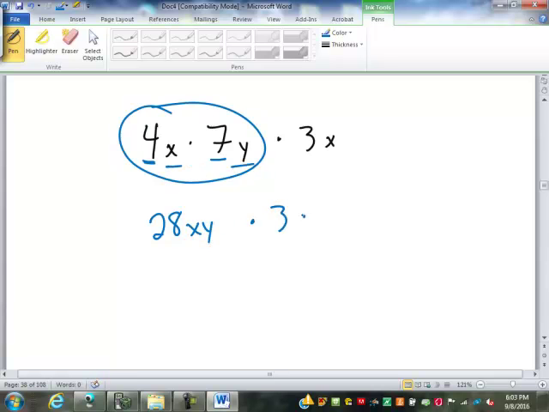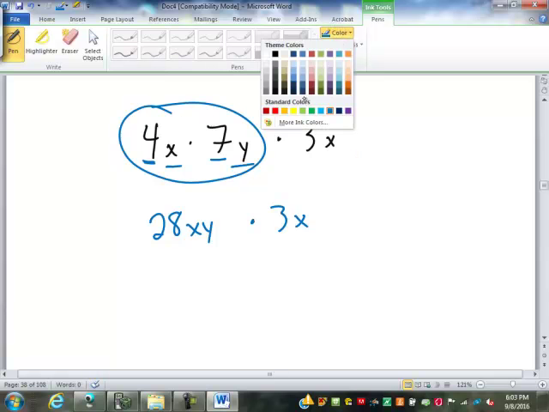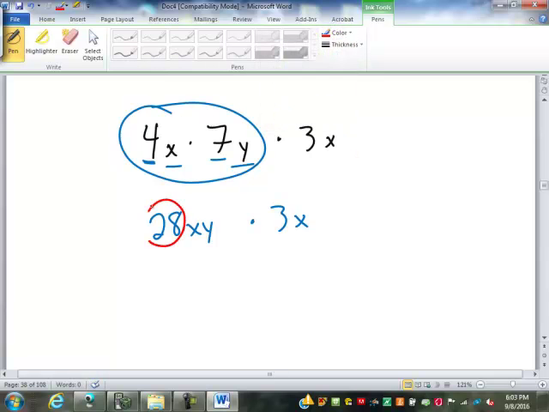Now we still have to multiply by the 3x. Combining the counts, 28 times 3 is 84. Xy times x. Well, I can combine the variables with the powers that have the same base. X times x is x squared, and then we have the y.